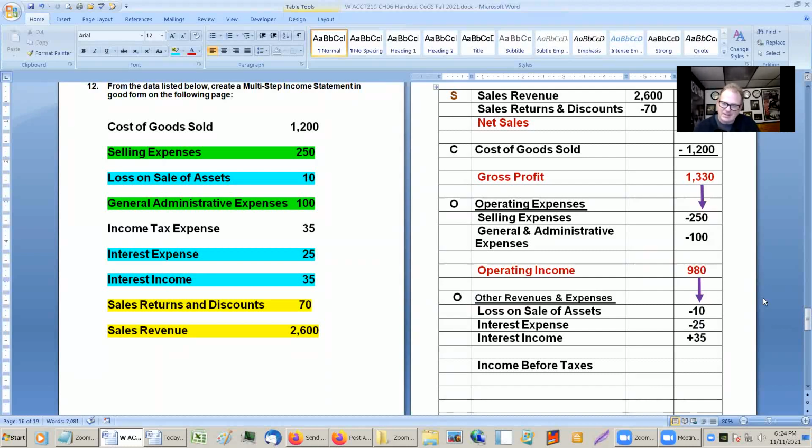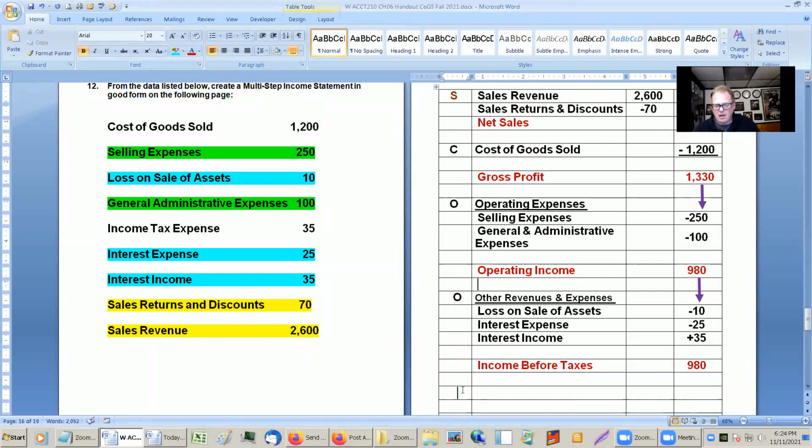I just realized this is going to be zero, the same number, 980. What idiot made this thing? All right, okay. I'm sorry about that, guys. That's not very interesting.